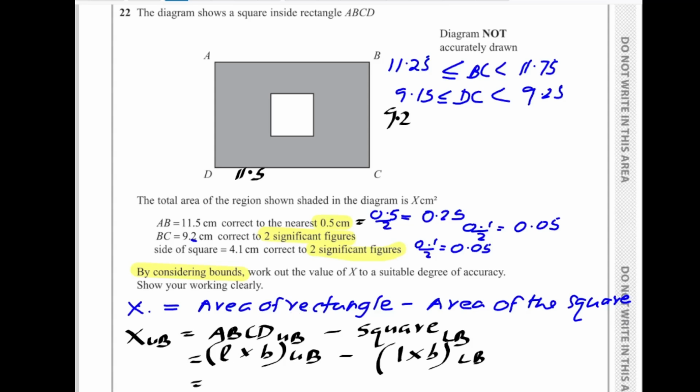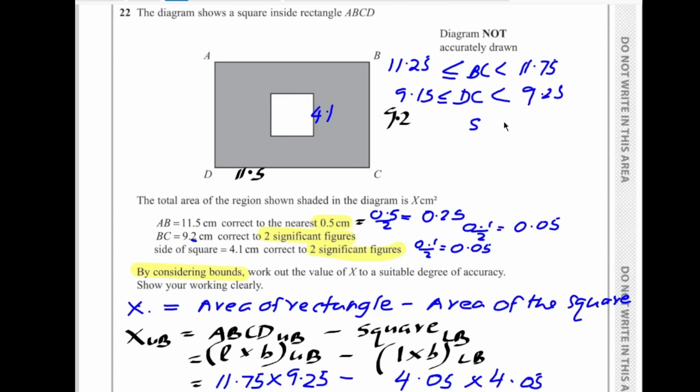So let's get the upper bound of this ABCD. Then I have to write 11.75 into 9.25 minus 4.05 into 4.05, because we need to get the upper bound and lower bound of this one as well, which is 4.1.